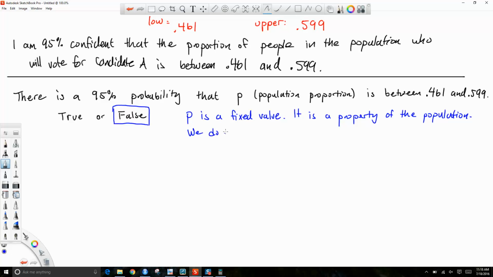We do not know its value, but there's no uncertainty associated with P.